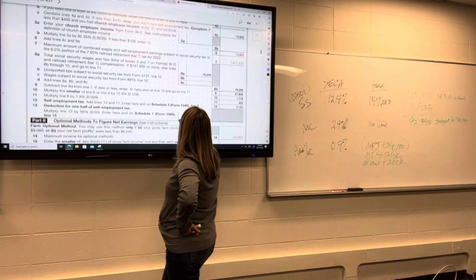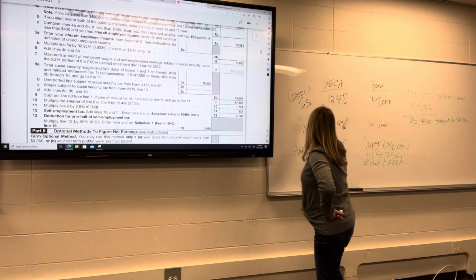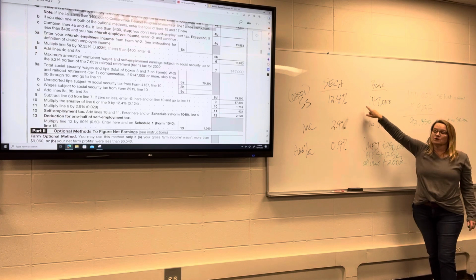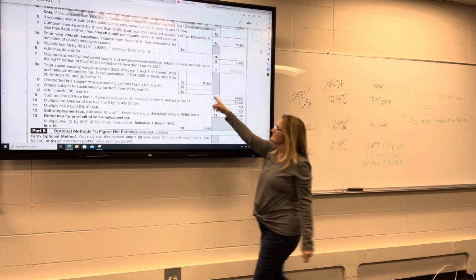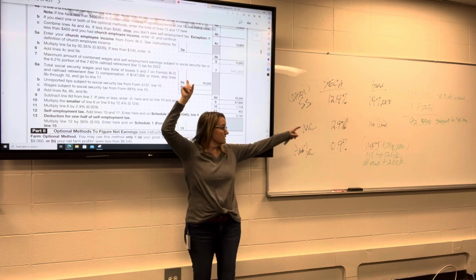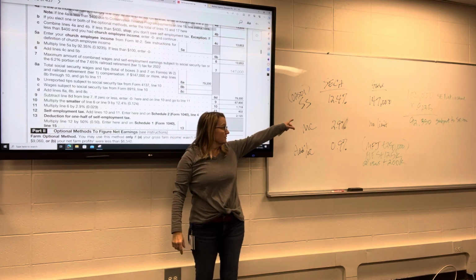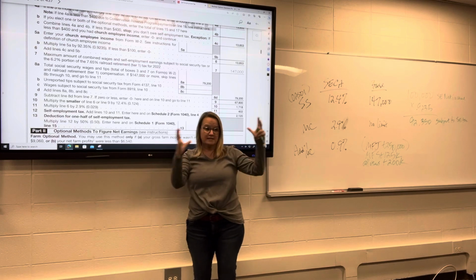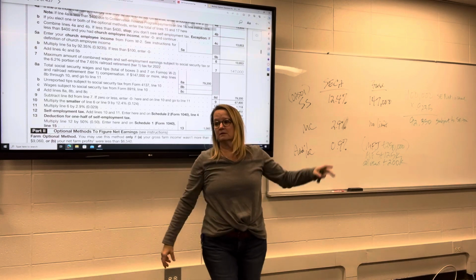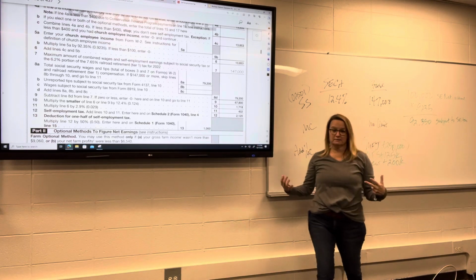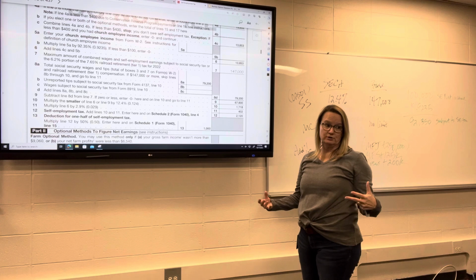So, because remember, this 147 applies to all of our earned income. So we're going to include our wages here, the wages that have been earned, because that helps to absorb some of that 147, right? Combined wages and self-employment income, any amounts with those two combined over 147 are not going to be subject to Social Security tax.